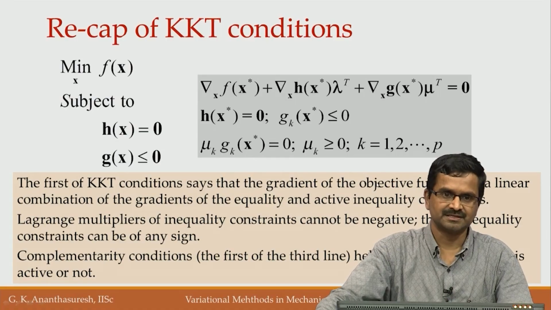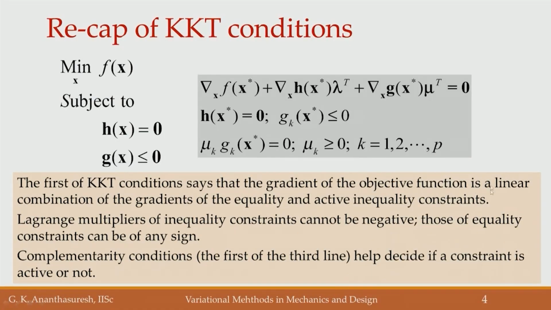These are the things that one should note: KKT conditions say that the gradient of the objective function can be expressed as a linear combination of the gradients of the constraints. And then Lagrange multipliers of the inequality constraints cannot be negative, they have to be positive or 0, whereas those that correspond to the equality constraints can be of either sign, they can be plus or minus.